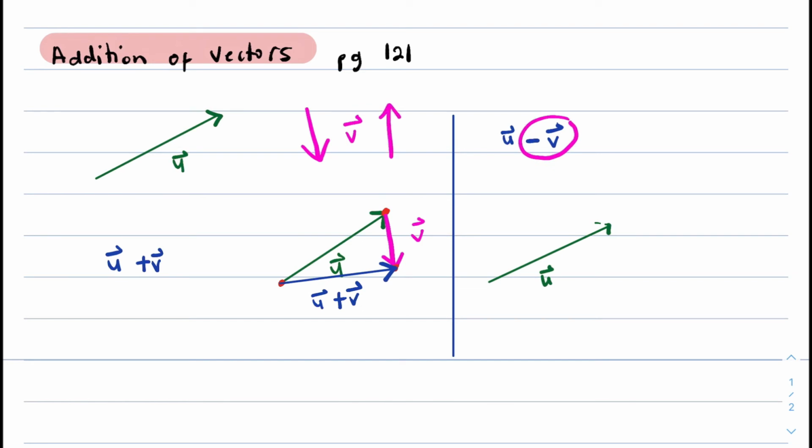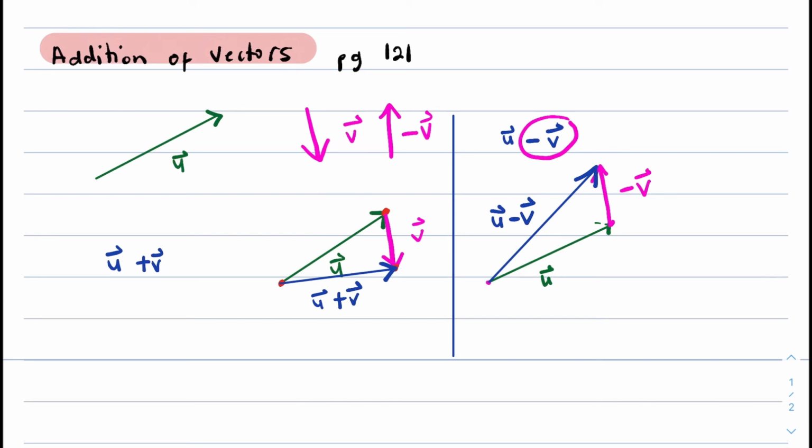So this would be the opposite, negative V. So you draw from the starting of U to the end of U, you draw the end of U with your new negative V. So the addition of these two would be starting U, end of V. So you're going to have this. This is U minus V. Alright, so basically this is the way how you do it.